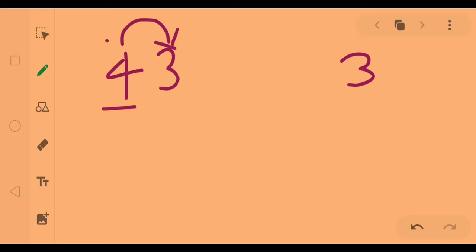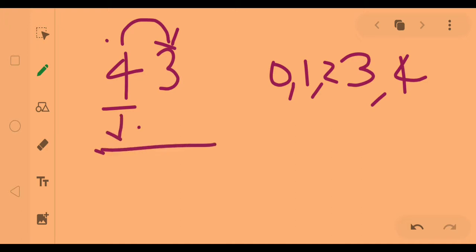Just before, I said if the digits are 0, 1, 2, 3 and 4, the digit at the particular place will remain the same. So the underlined digit remains the same, 4 itself, and the next place will become 0. So 43 is rounded down to 40.